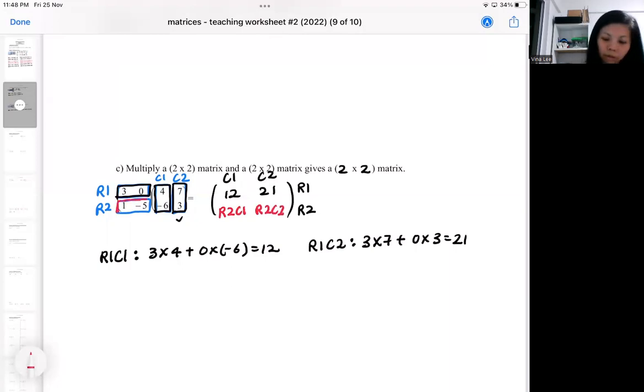So second row, first column. Second row, then we rotate the column. R2, C1, first times first, second times second.